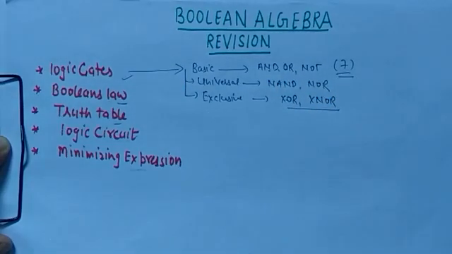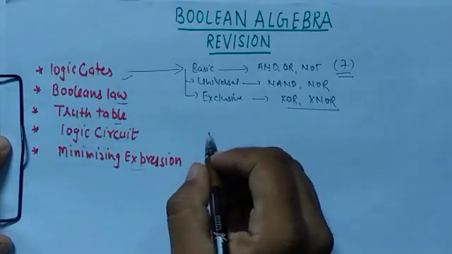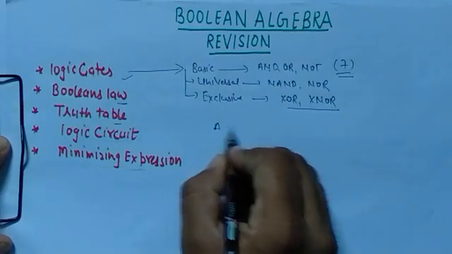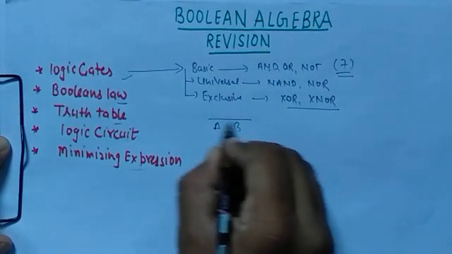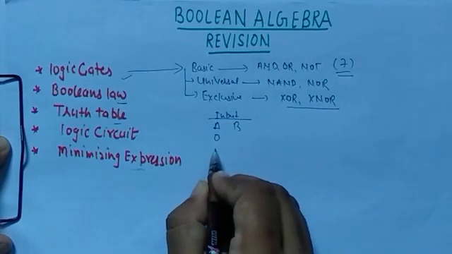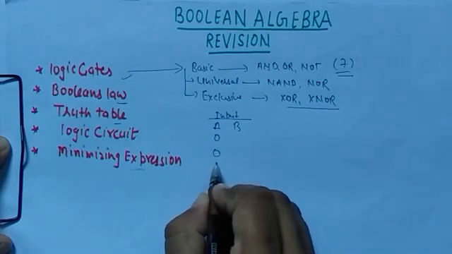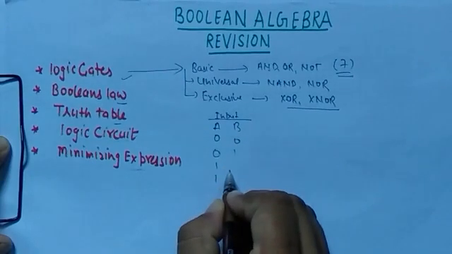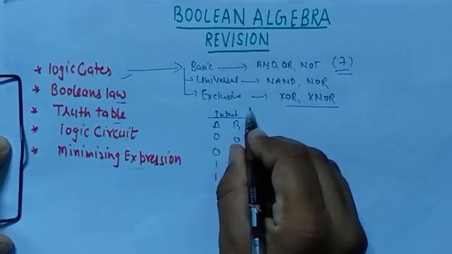Now, what are these gates and how do these gates perform? We will understand by one table. Let us suppose we have 2 inputs. These are the inputs: 0 0, 1 1, 0 1, 0 1.